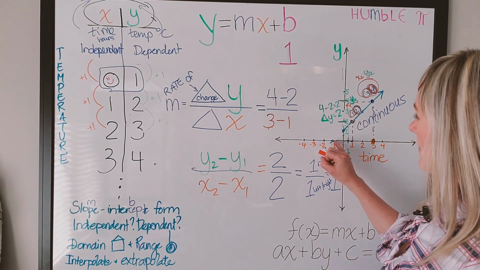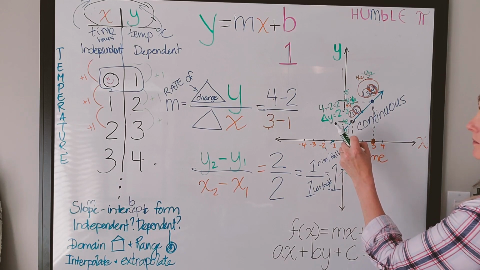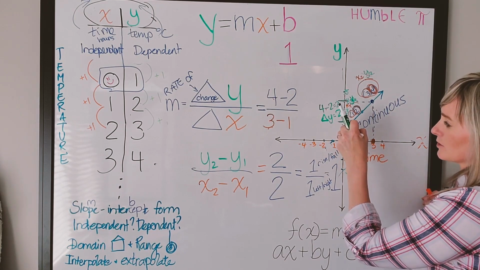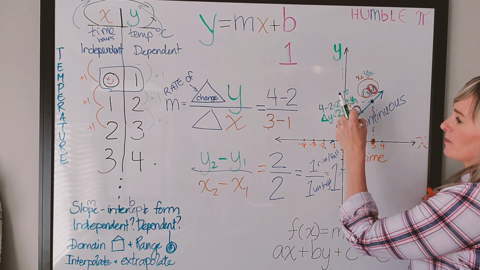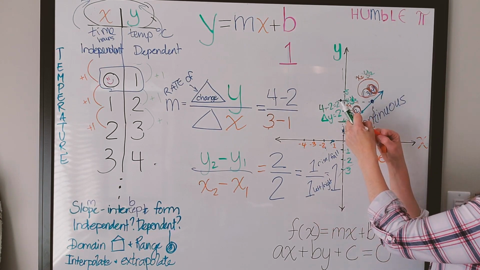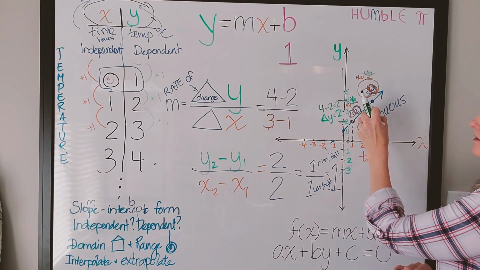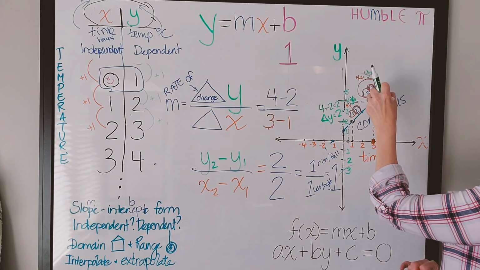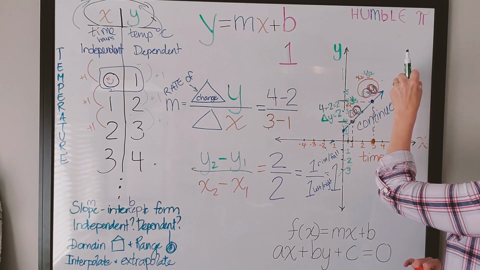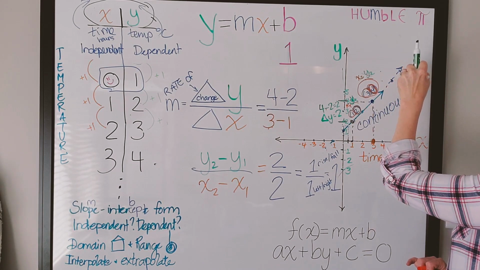So if you imagine that you're on your graph and you're trying to figure out, okay, well, where does my slope go? Well, if I start at my first point and I go up 1 and then I go over 1, I'm going to get to my next point. And the same one, up 1, over 1, up 1, over 1. I could keep going.